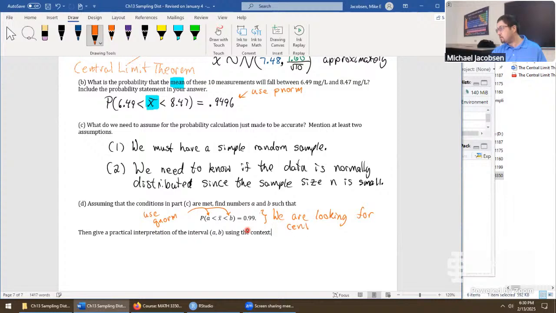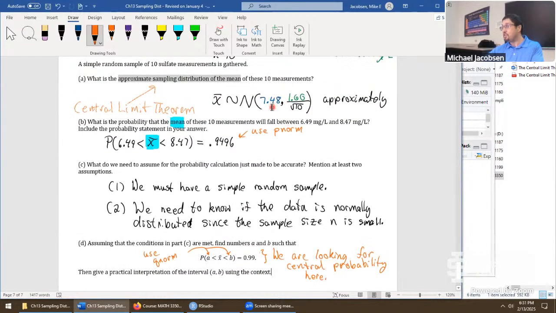central probability here. So in other words, we're going to keep our X bar, thinking of that as going to be the center, and just move off a distance away from X bar to the left, away from X bar to the right, where the center is exactly 7.48.